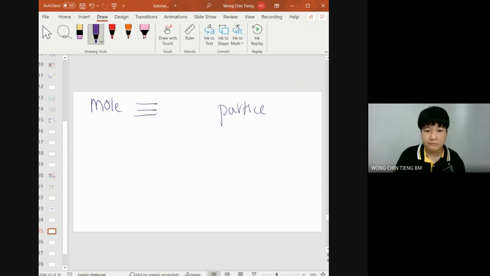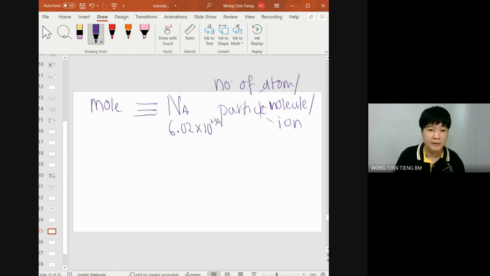Kalau saya nak compare dengan number of atom, number of molecule, number of ion, that is your particle, isn't it? You must compare with Avogadro constant, which is your 6.02 times 10 to the power of 23 and put them in the bracket.